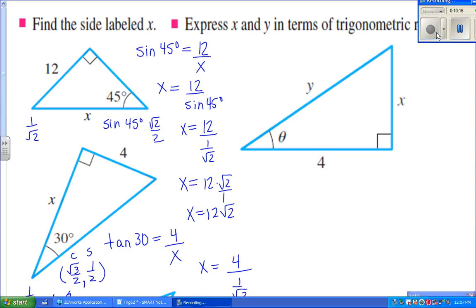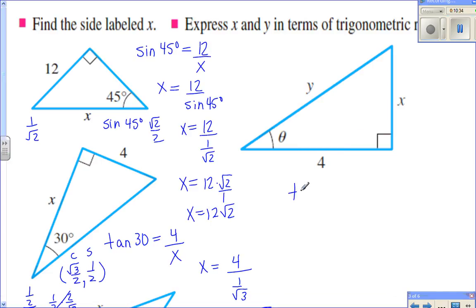Okay, so if we want to express x and y in terms of the trigonometric ratio of theta, then we would have first, if we figure out our x, we have the opposite and we have the adjacent. So when we have opposite over adjacent, we know we have tangent. So we would have tangent of theta equals x over 4.